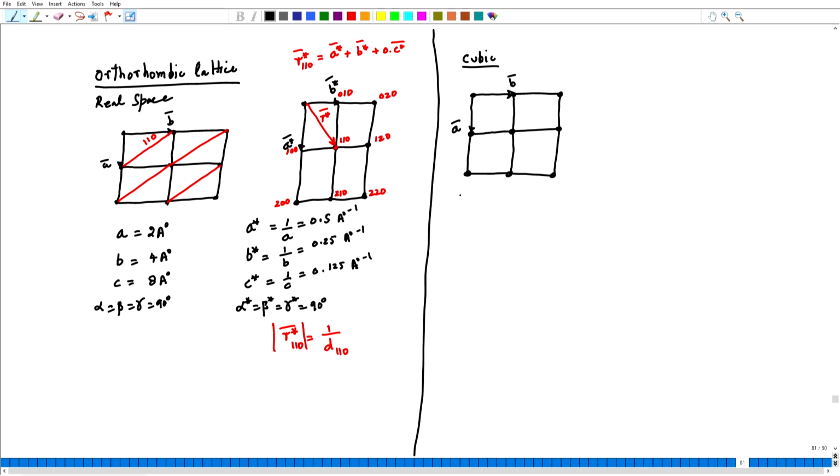Let us say A equals B equals C is equal to 2 angstroms. Incidentally, if this is my origin in the real space lattice, one can superimpose these two lattices and look at the relationships as well. I did not superimpose them because the diagram becomes confusing. So, out here this is my origin.